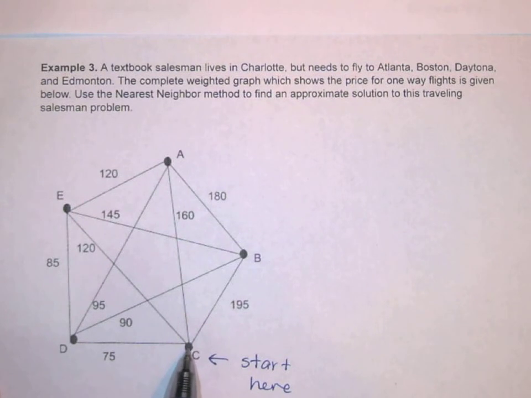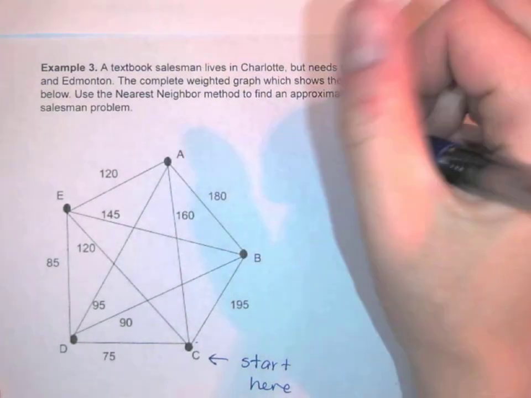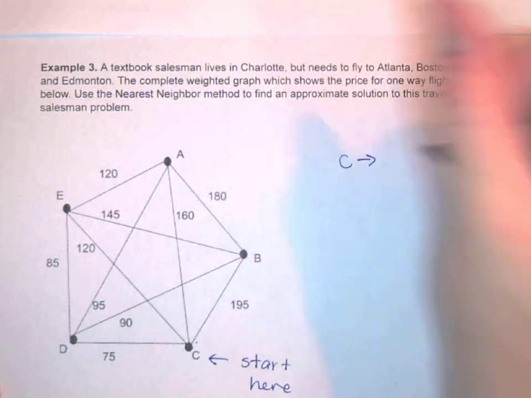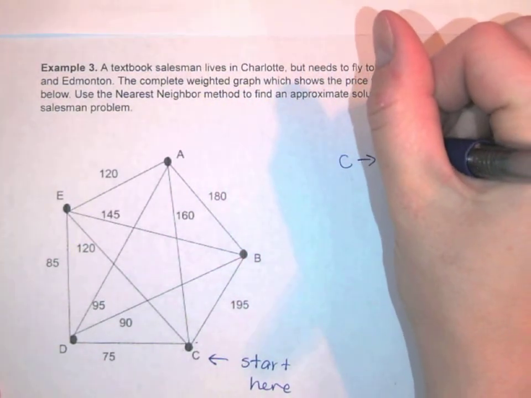So we're going to go along the edge with the smallest weight possible. So the weights that we have as options are 75, 120, 160, and 195. So 75 is the cheapest, so it makes sense for him to start at Charlotte and then go to Daytona.